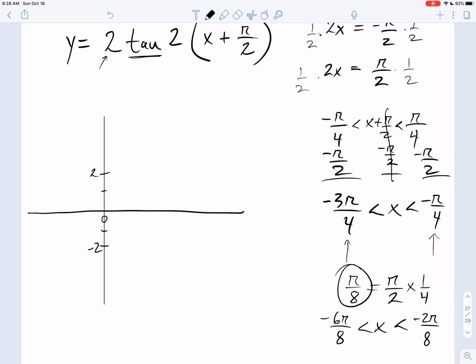But here we go. I've got to count everything off in eighth units. So I'm going to just count backwards. That's negative pi eighths. That's negative 2 pi eighths. That's where I would be. So negative 3 pi eighths, negative 4, negative 5, negative 6 pi eighths. That's where I'm going to start. Now, what did I do?